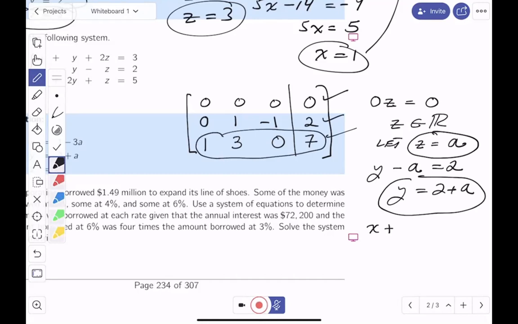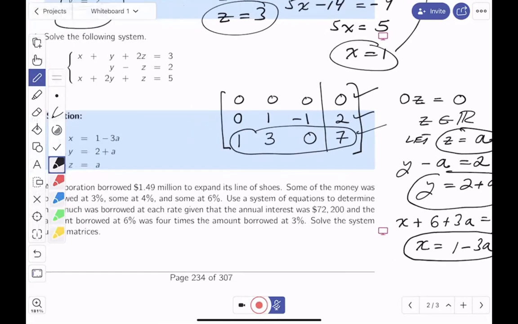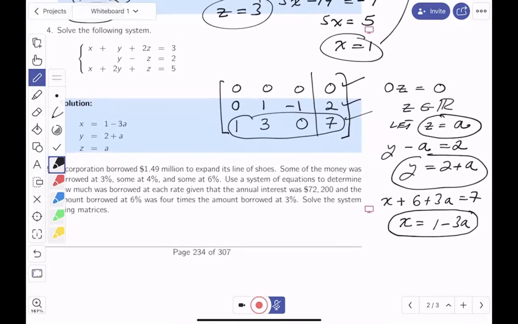Well, if y is 2 plus a, that would be 6 plus 3a is equal to 7. X would be equal to, let's see, 1 minus 3a. Okay, let's look at the key. Z equals a. Y equals 2 plus a. X equals 1 minus 3a.